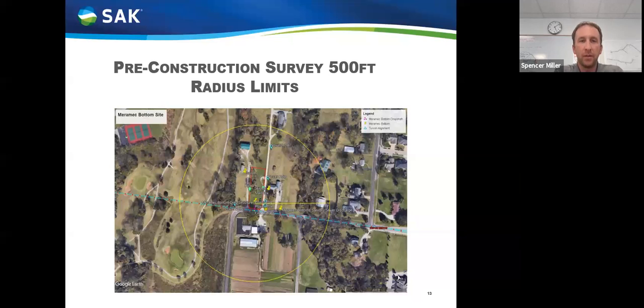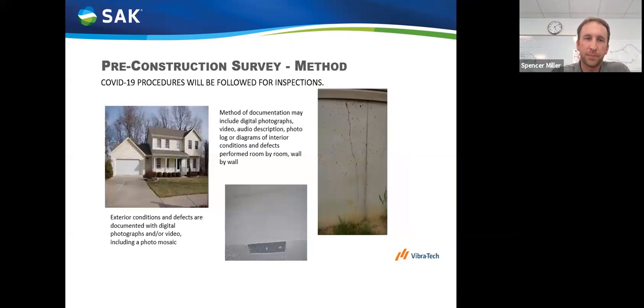So to get an idea of what that looks like, the circle there is 500 feet on the radius of what's all encompassed for our job site there. If you fall within that 500 feet, that's who's been contacted. The methods they'll use is they will use a camera and video and audio.